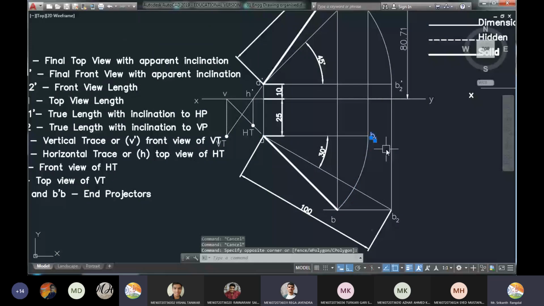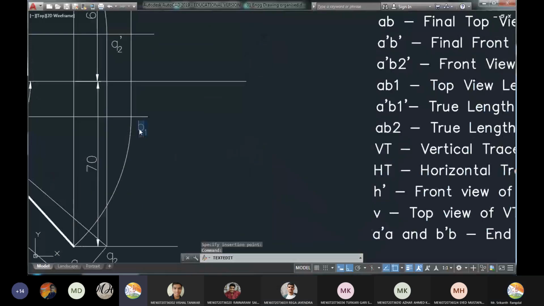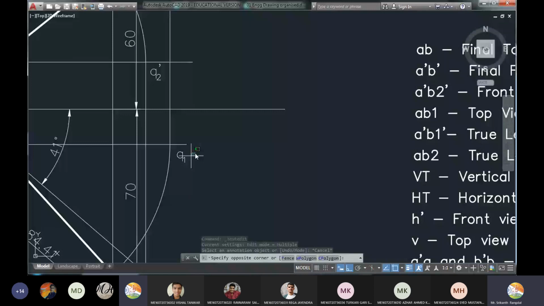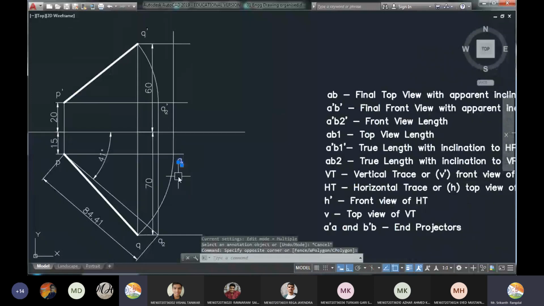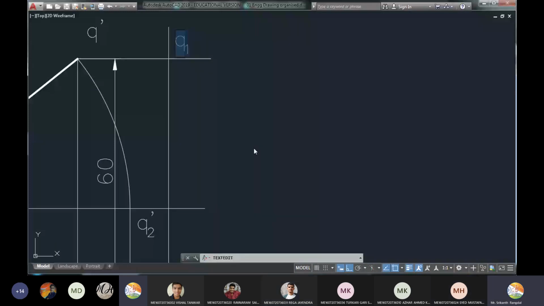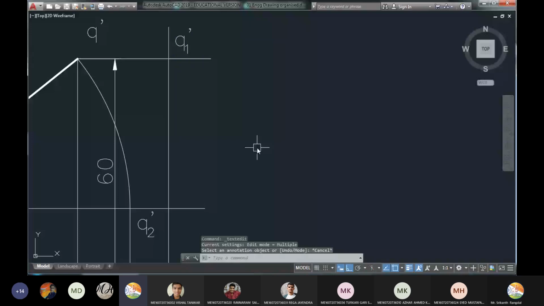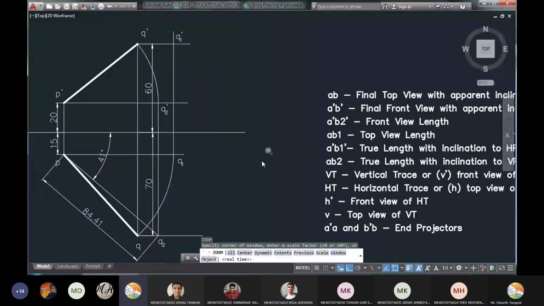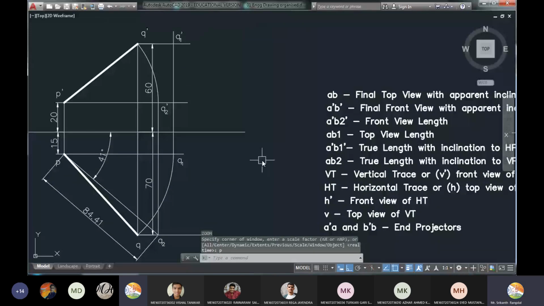So what is this point? This should be Q1. And then we are projecting this to get its front view. What is the front view of Q1? Q1 dash. So we got this. The diagram is complete.